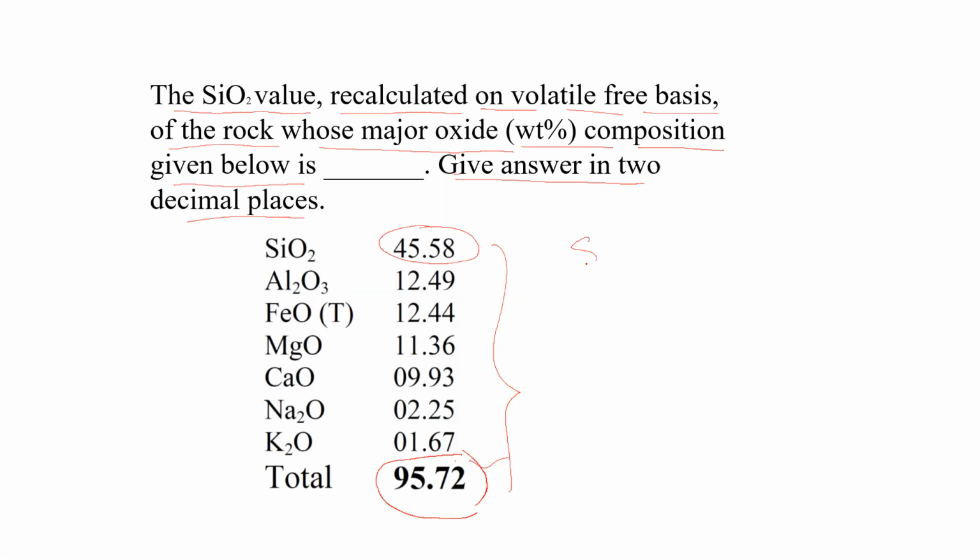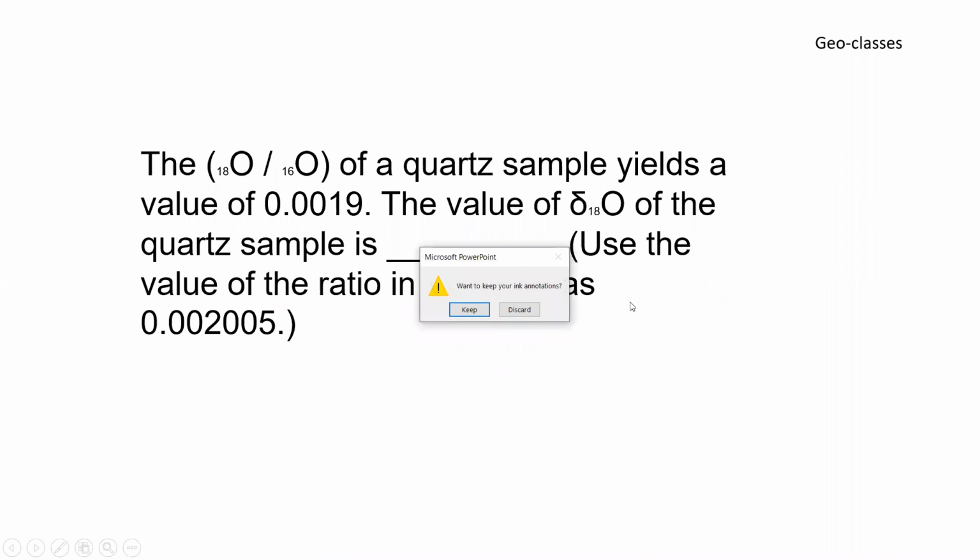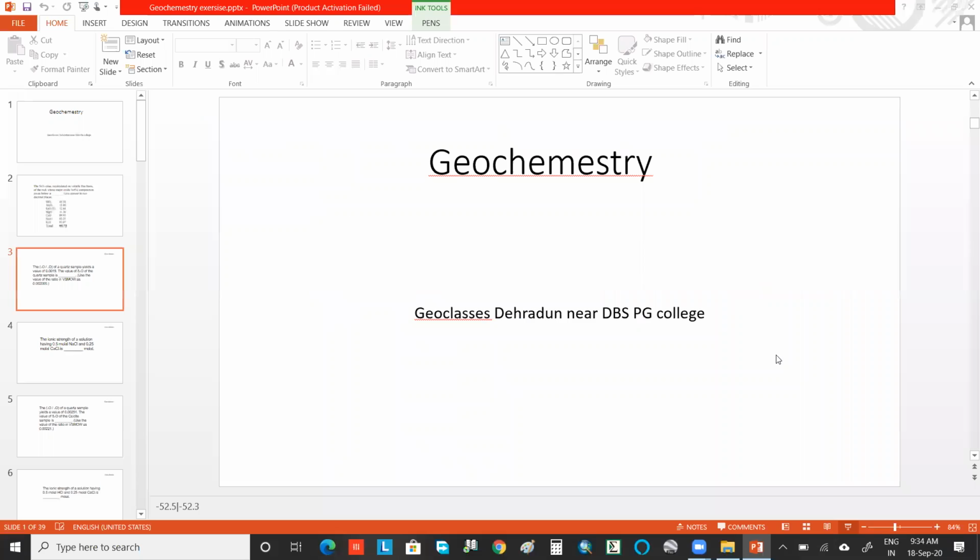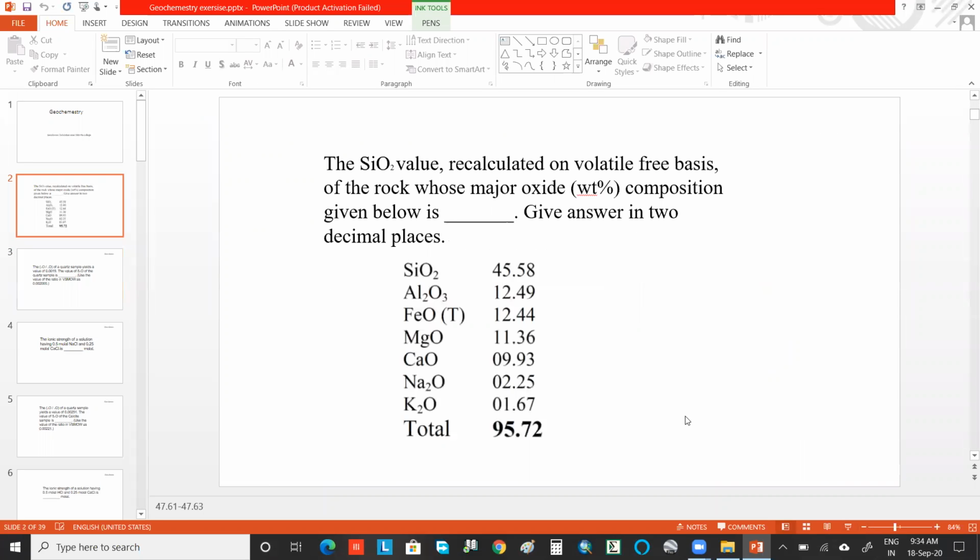So if you want to calculate for SiO2, then it will be 45.58 divided by 95.72 multiplied by 100, so it comes approximately 47 point something percent, 47.61%. All right, just have a look at what answer is given here, and if you look here, it's 47.61 only. So like this you'll have to solve the questions.